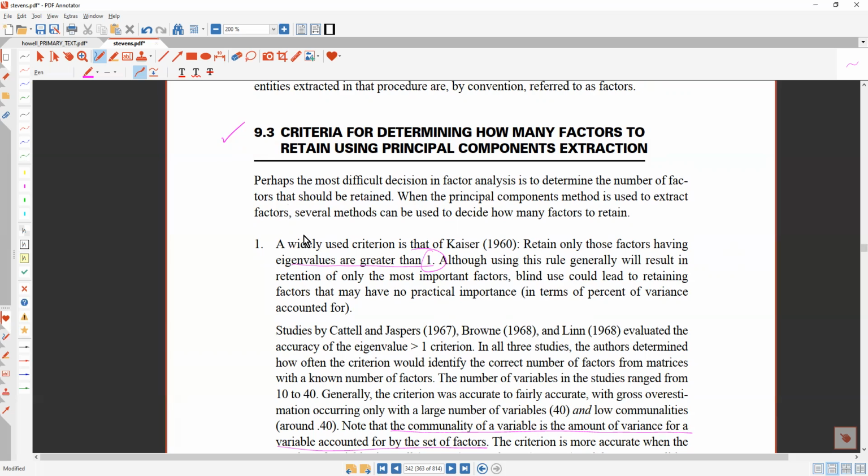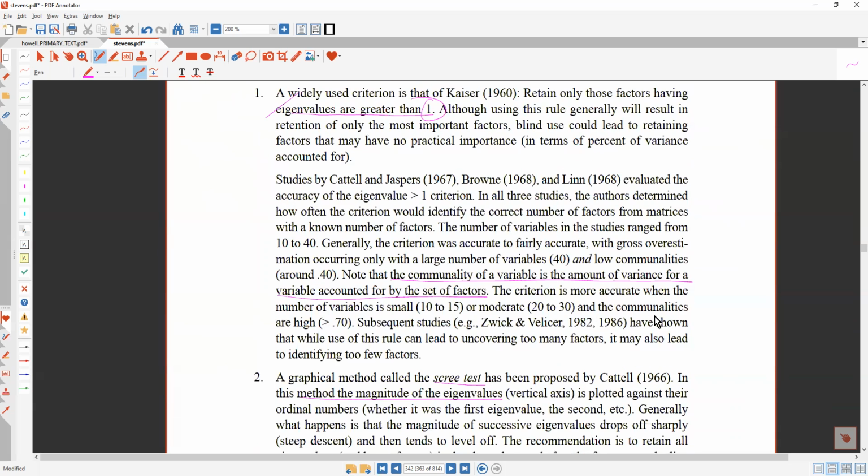So extracting with eigenvalues greater than 1 is sometimes a criterion used, but really all of these are just kind of loose guidelines that you can look at. The ultimate decision is going to be yours in terms of what you want to extract. But we'll look at the eigen criterion a little bit as we go.